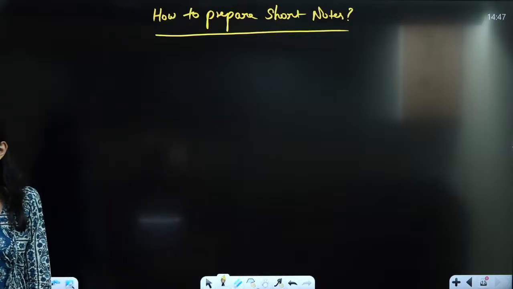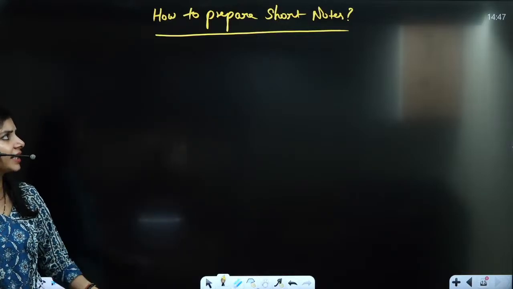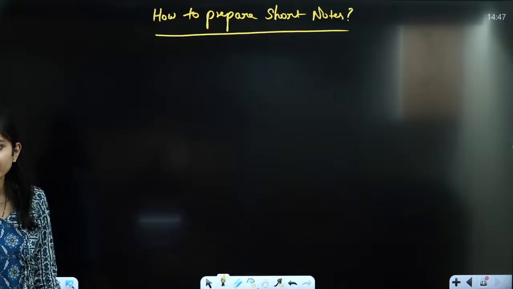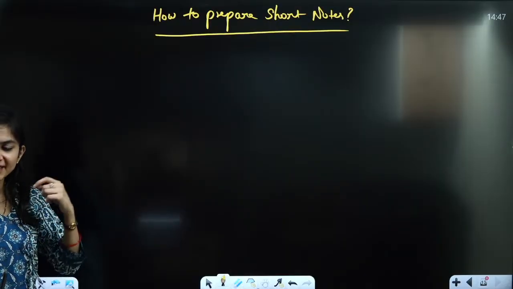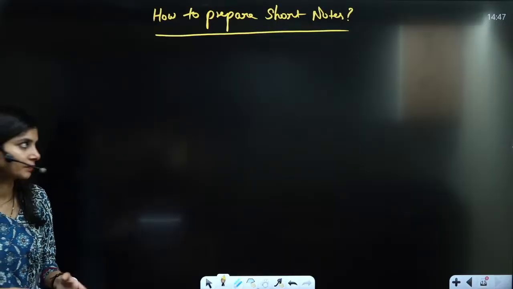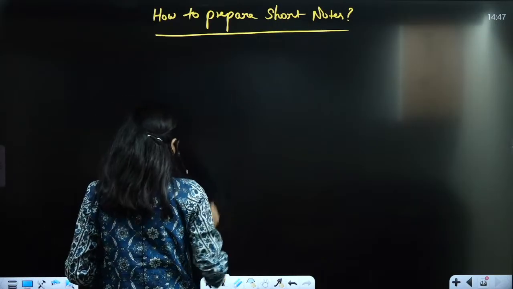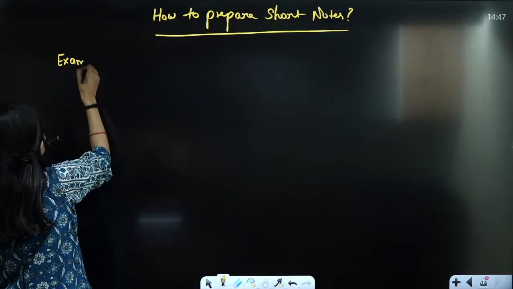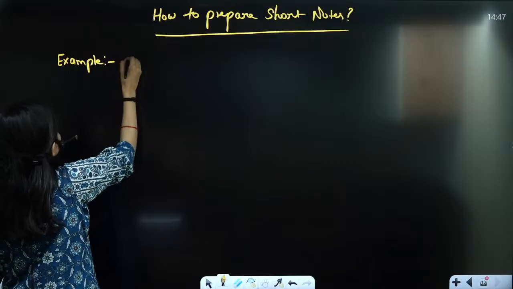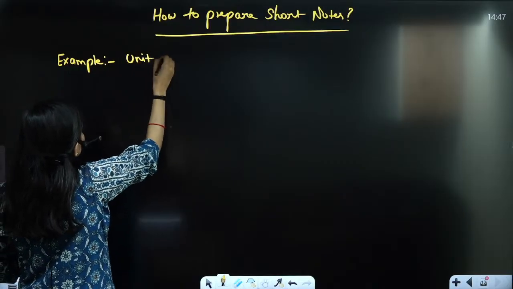Okay, so the easiest unit for which I can take the example is unit 2.1. But the way of preparing the short note is going to be the same or similar for all the units. Okay, let us suppose, for example, here I am taking unit 2.1.